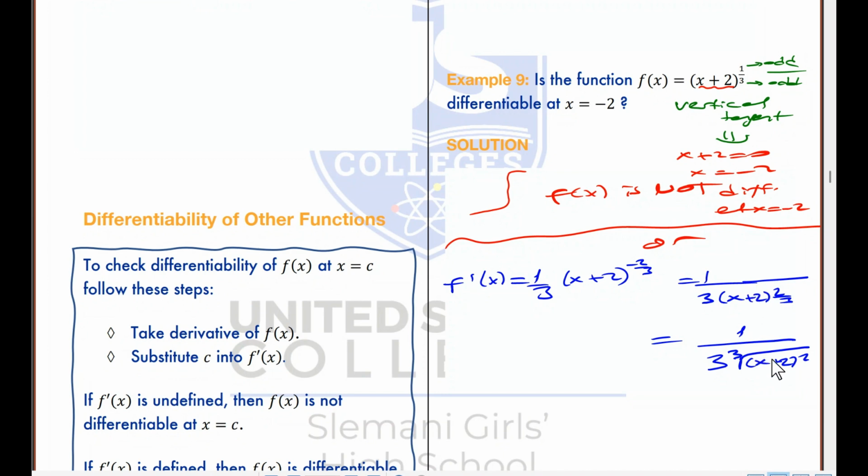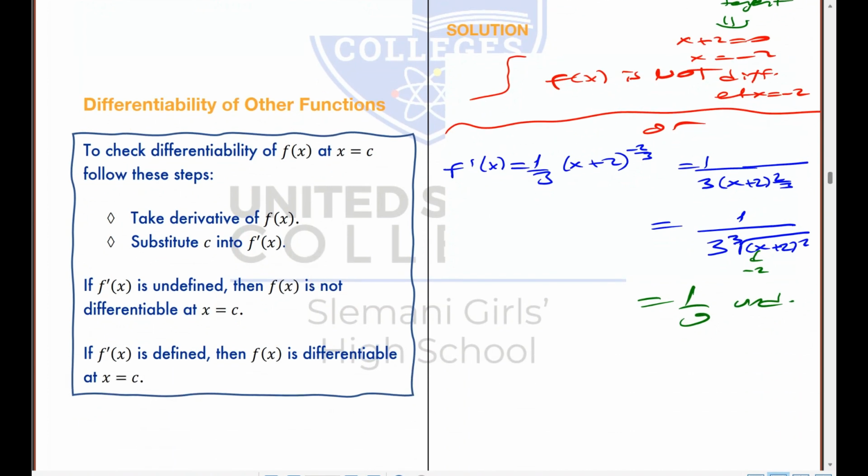Is this derivative defined at negative 2? No, it's not. Negative 2 makes the denominator 0. It makes the derivative undefined, so it's not differentiable. F prime of negative 2 is undefined: a number over 0. So f of x is not differentiable at x equals minus 2.